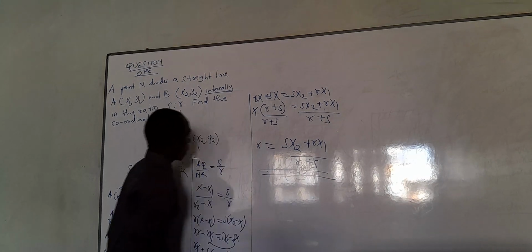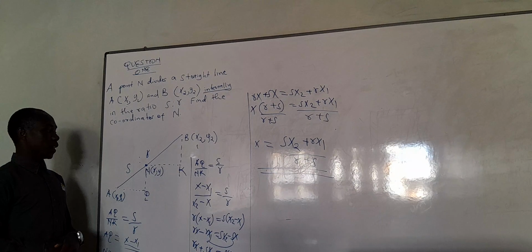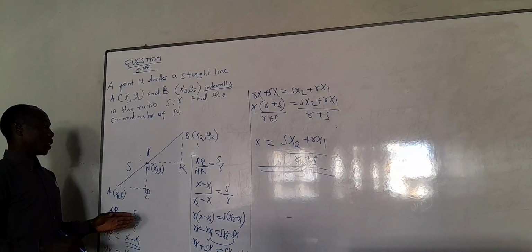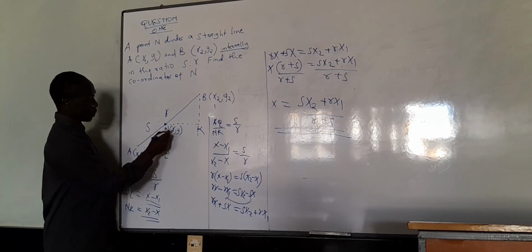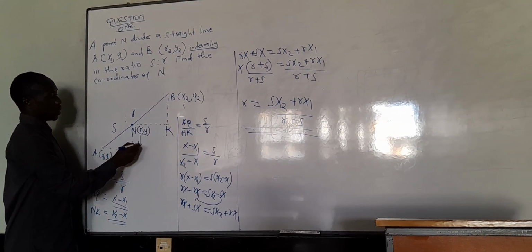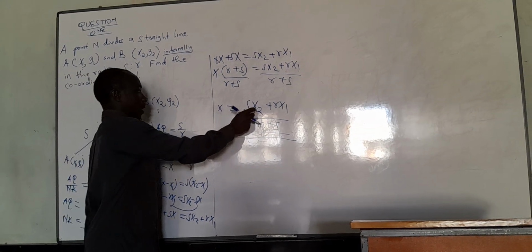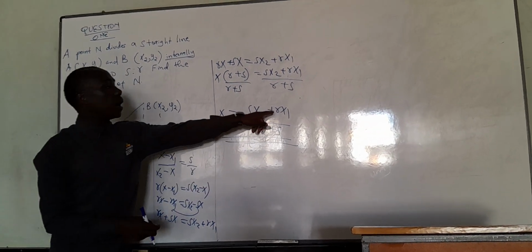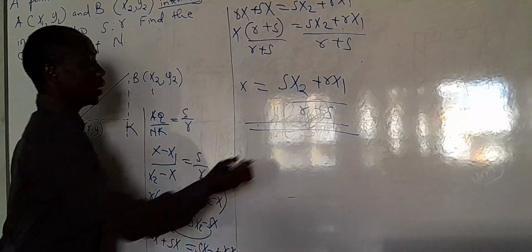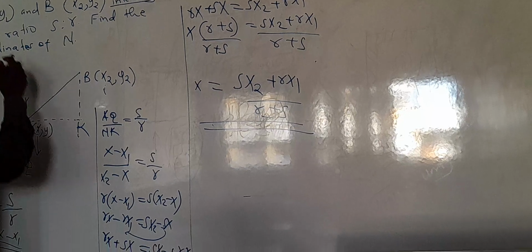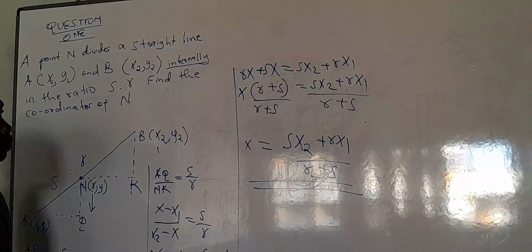And that's how we get the first coordinate of N. Remember, we were not given the values, we were only given letters to represent the values. So the first coordinate of point N is given using the formula Sx2 plus Rx1 over R plus S, using the ratio we were given. So that's how we do it.